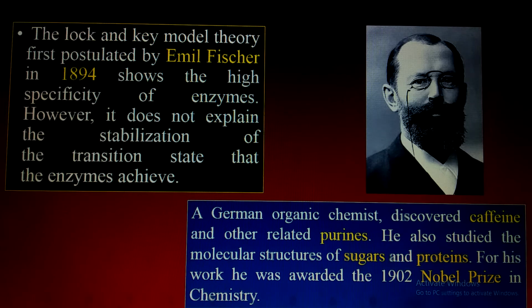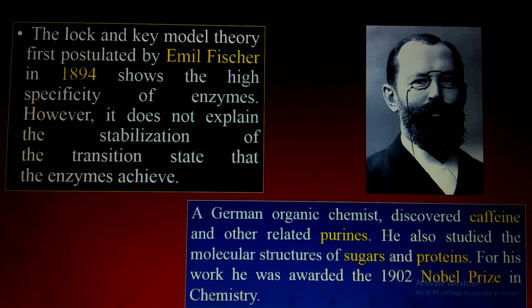And I'm here showing you the photograph of Emil Fischer, paying tribute to the great scientist. He was a German organic chemist, famous for the discovery of caffeine and other purines. He also studied the molecular structures of sugars and proteins, and you are familiar with the sugar structure like the Fischer projections.